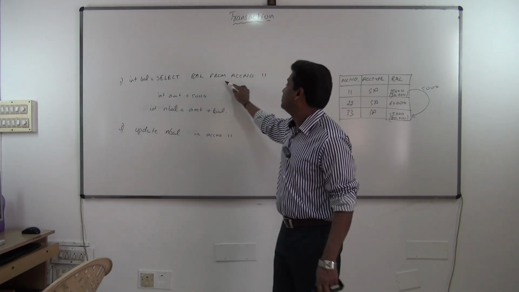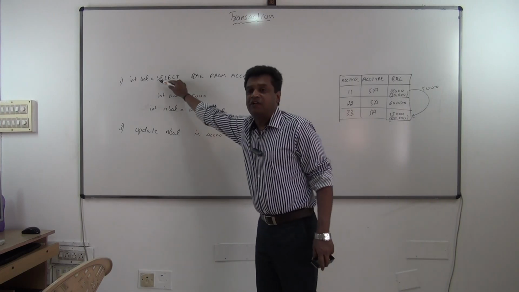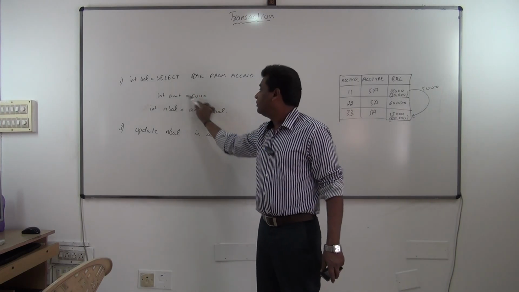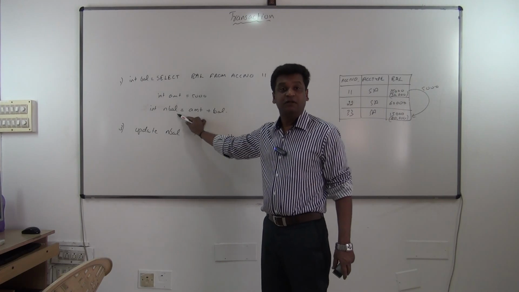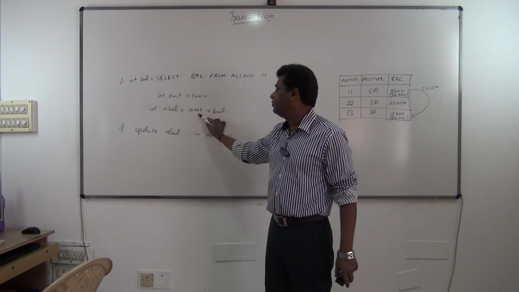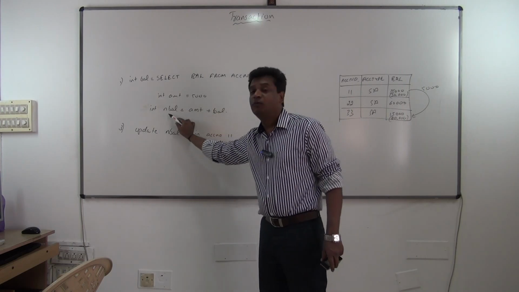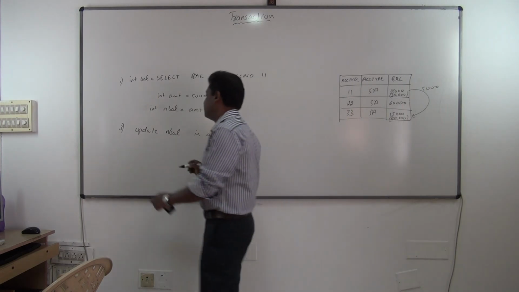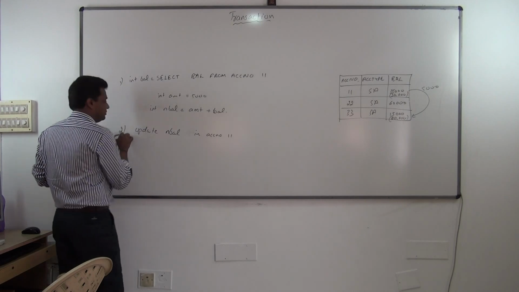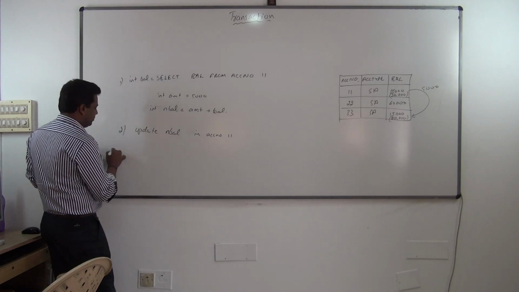See, first you'll select the balance, then once you get the balance, you'll add to get the new balance. Amount plus balance you'll add, and then with that new balance, you'll update new balance in account number 11.